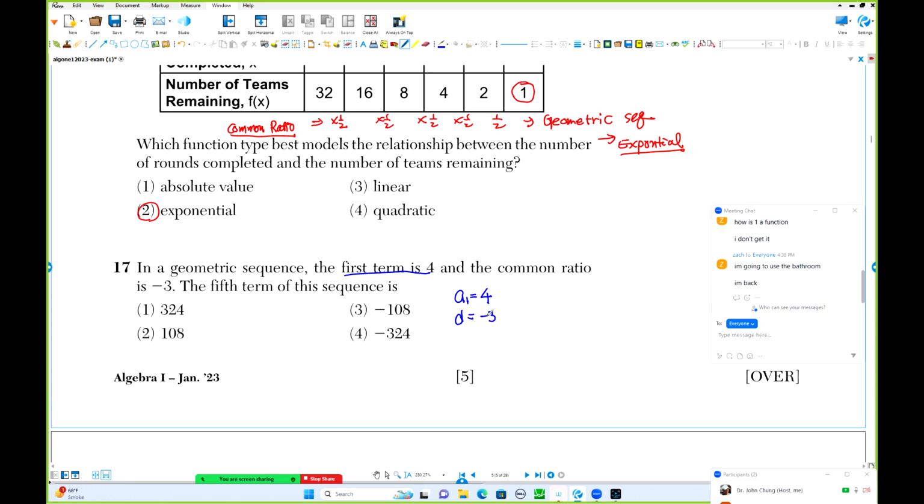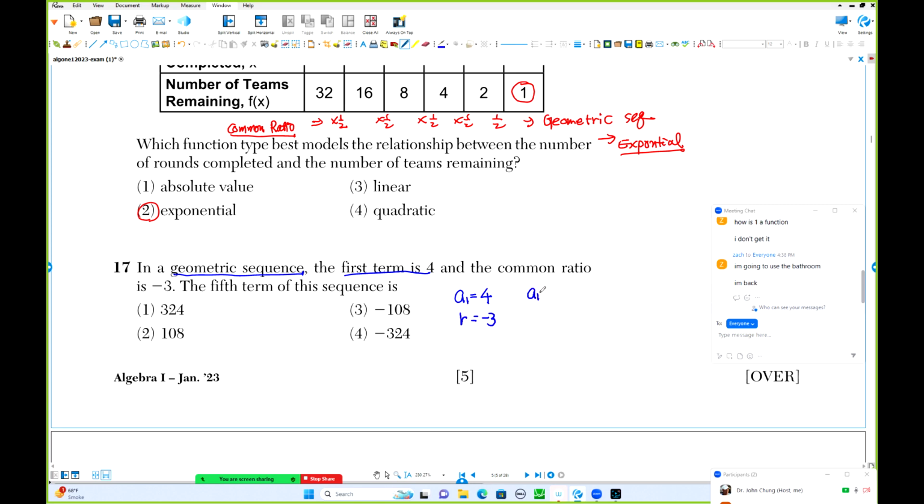Find the fifth term of the sequence. You could use the first term 4, second term minus 3, that is 1, minus 3 again, minus 2, minus 3 again, minus 5. Oh, that's wrong, right? We did arithmetic. This is geometric, the common ratio is negative 3.